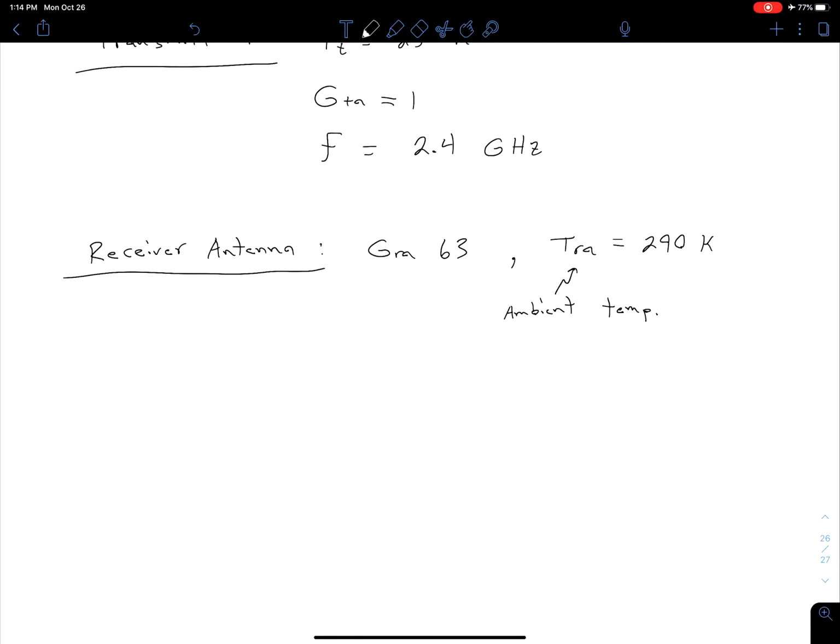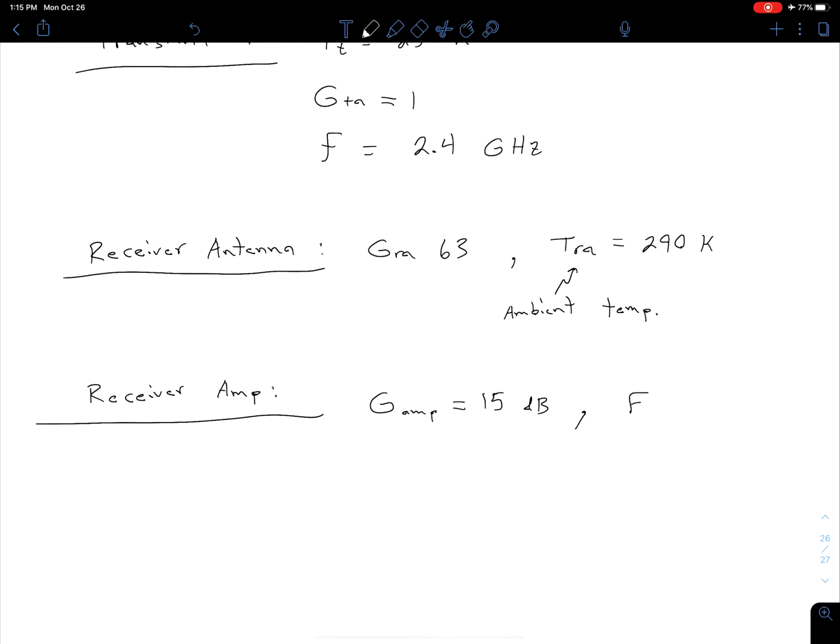Okay, now let's specify our receiver amplifier. This would be our low noise amplifier coming right after our antenna. The gain of our amp is 15 dB, and the noise figure for our amplifier, F in dB, is equal to 2 decibels.